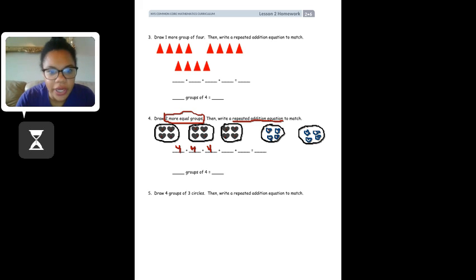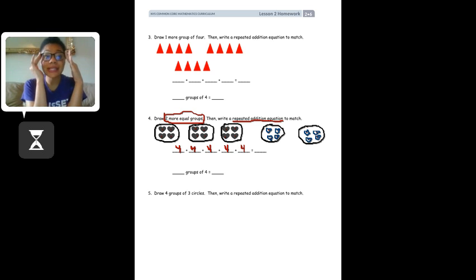So I'm going to put 4 down in my fourth blank. And then I have 1, 2, 3, 4 in my last group. So I'm going to put the number 4 down right here. Okay, so now I have all of my 4s, the 4s that are in each group, and I don't know how many hearts I have in all.